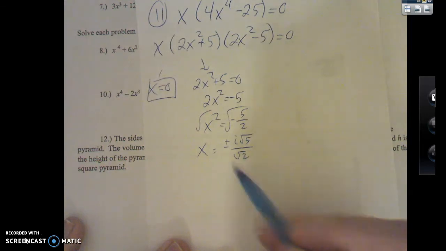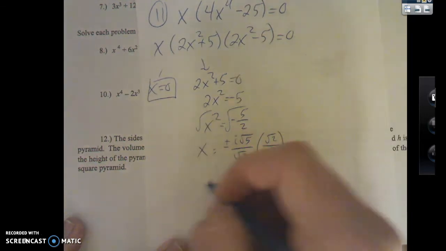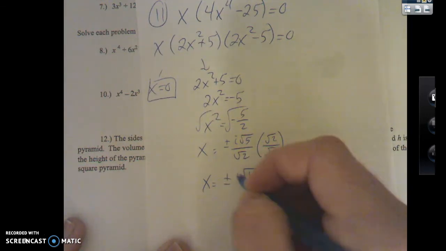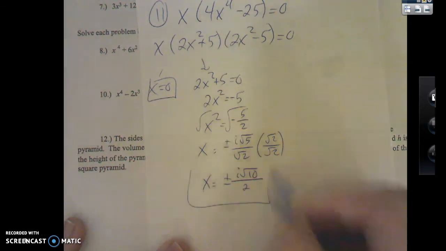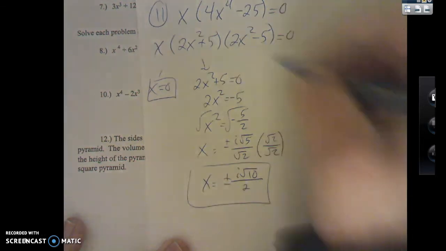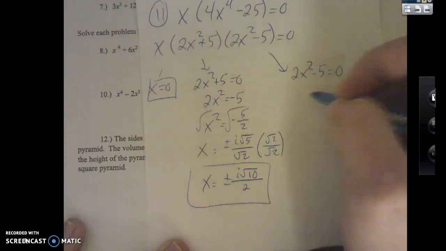I never want a square root in the denominator, so I have to rationalize it. You multiply top and bottom by root 2. So I get plus or minus i root 10 over 2. Root 2 times root 2 just gives me 2. You can't divide root 10 by 2 because one's under the square root, one's not. Good news over here, guys, if you can do that. All right, so I get 2x squared equals positive 5.